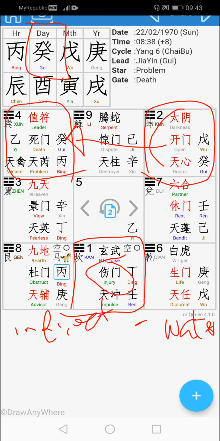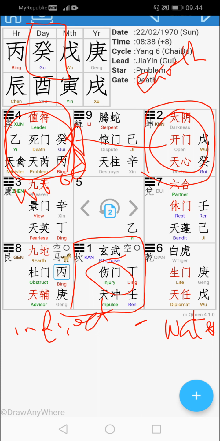Box number 2 over here is earth, and box number 4 over here is wood. Once you understand the relationship between the 5 elements, we're able to see whether they are in harmony. So let's do it step by step. We look at box number 2 and box number 1 to see whether they are in harmony or not.